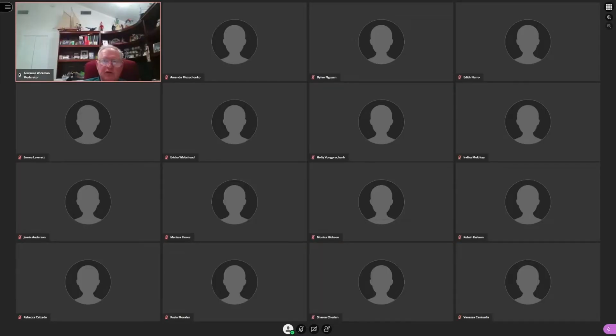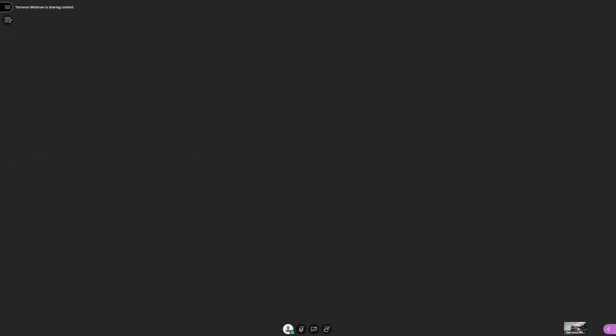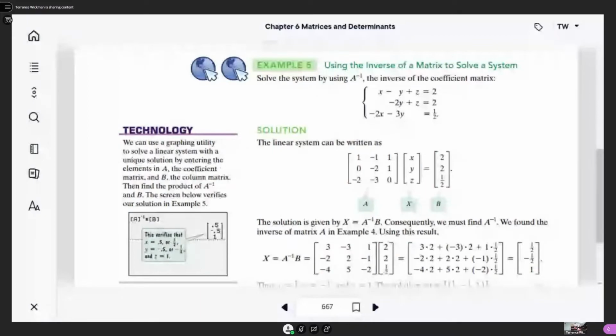Now let's go and reaffirm that. So if you look at 5, you have an x, so that's 1 in the equation matrix. The -y gives you a -1, and the z is a +1. So this is 1, -1, 1 for that. Now, the 2 on the other side belongs to another matrix.